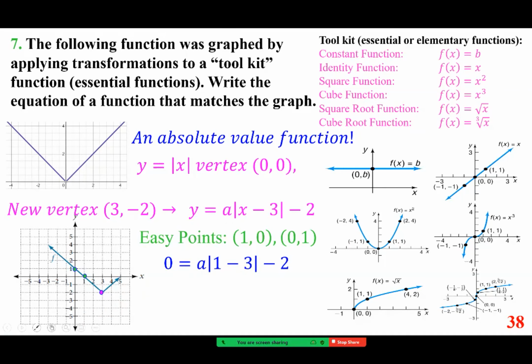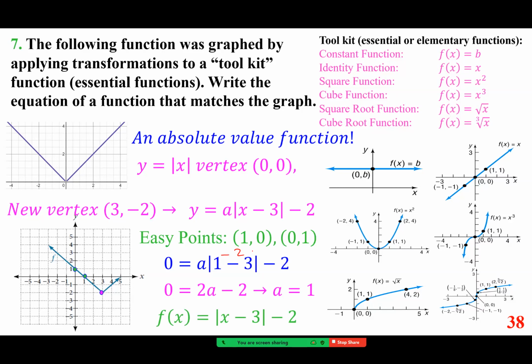Negative 2, the absolute value is positive 2. So inside the absolute value comes out as positive 2. So 2a minus 2 and a becomes 1. Replace it, and this is the final answer. And of course, as always, you want to check your work by picking up a different point. So for example, we use this point, or some other point on the graph, maybe a couple more points to check your work.